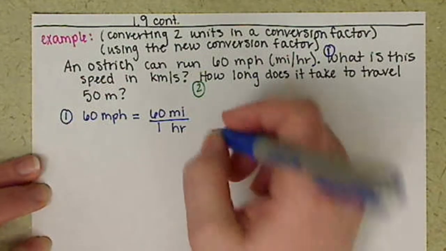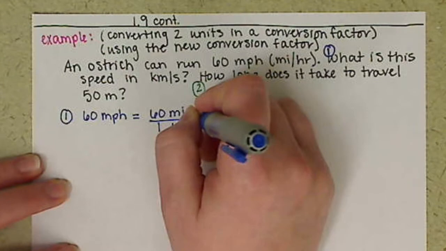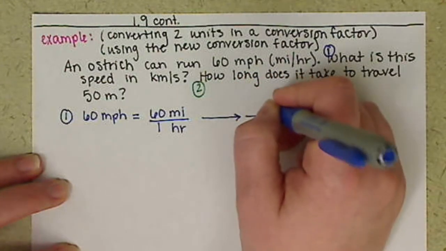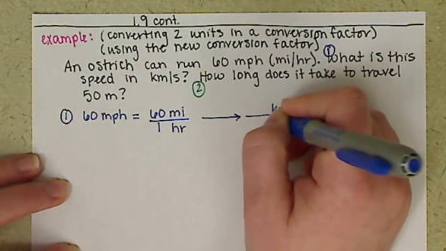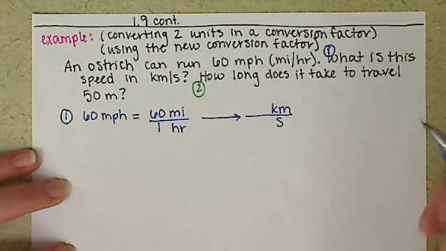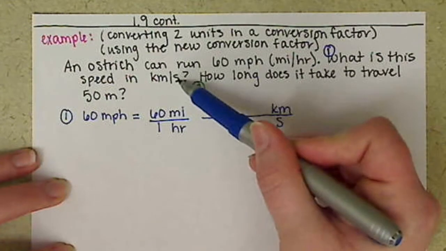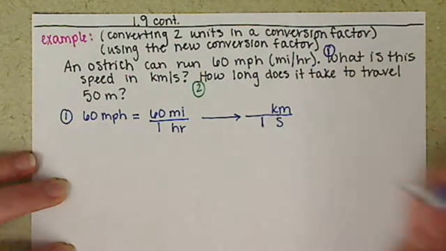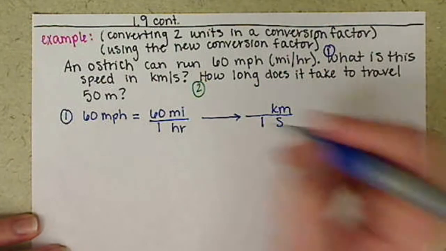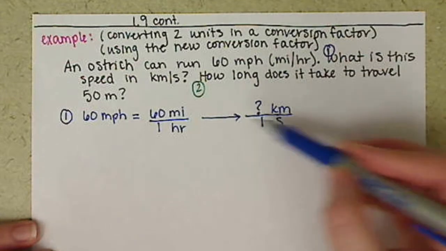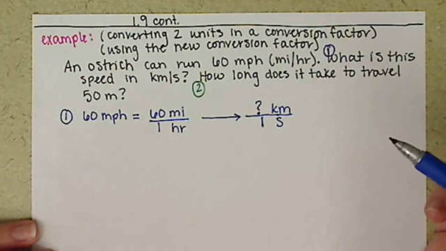And we want to convert this into our kilometers per second. Okay, remember this is 2 units. We have kilometers per second, so that's going to be per 1 second. So we're basically looking for this top number. Okay, so we're going to have to do 2 different conversions.